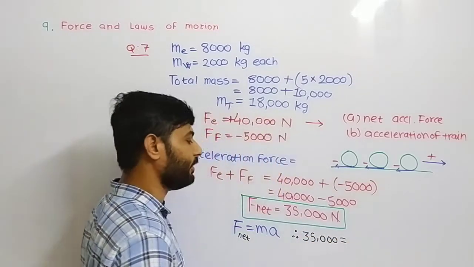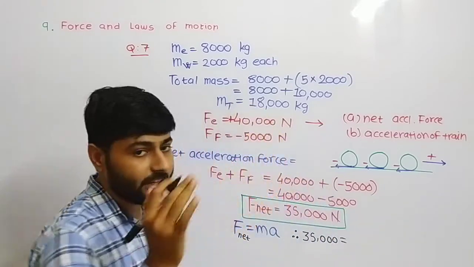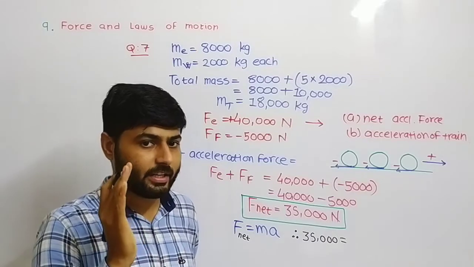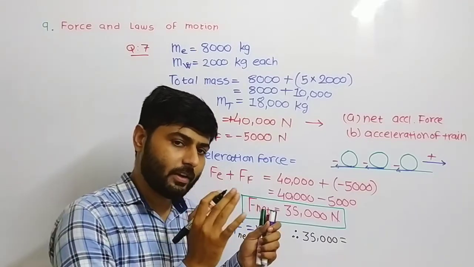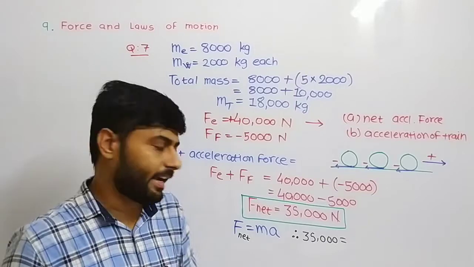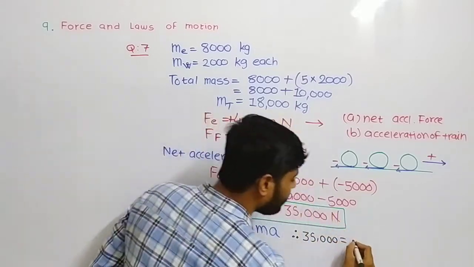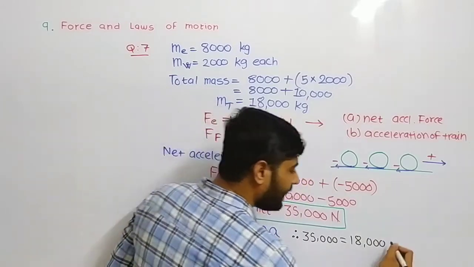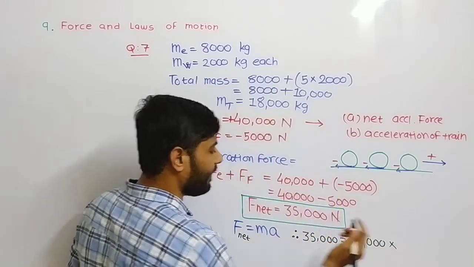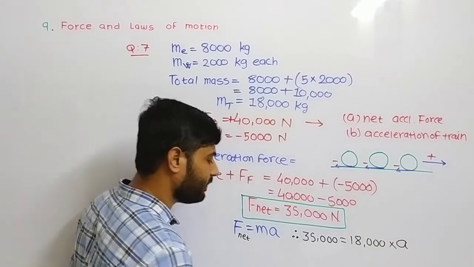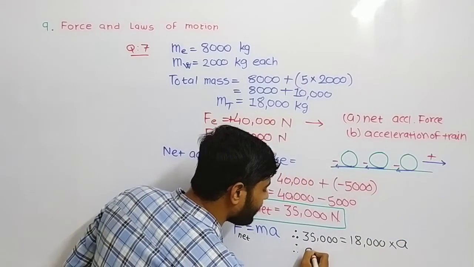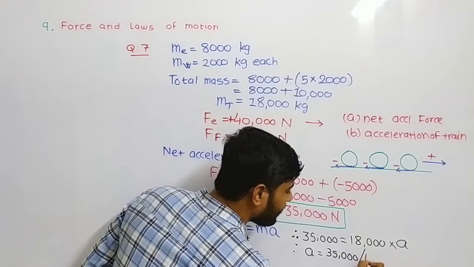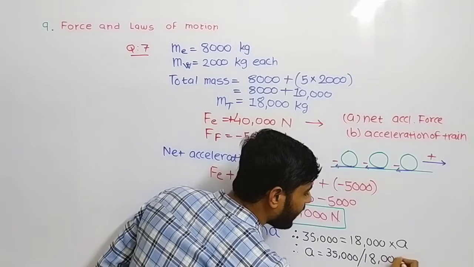So F net, that is 35,000, is equal to mass. We have to consider total mass, not only of the engine or only of the wagons. So total mass is 18,000 kg multiplied by a. We have to find a. So a is equal to 35,000 divided by 18,000.